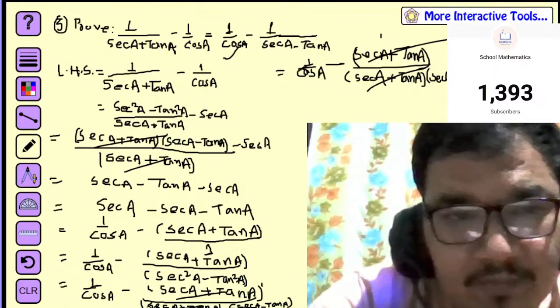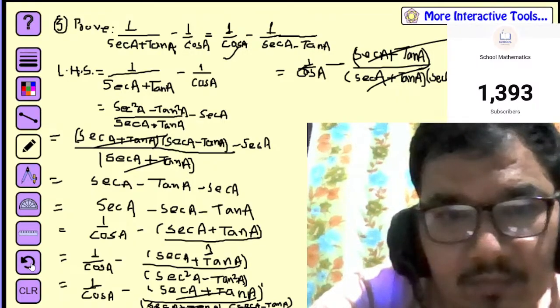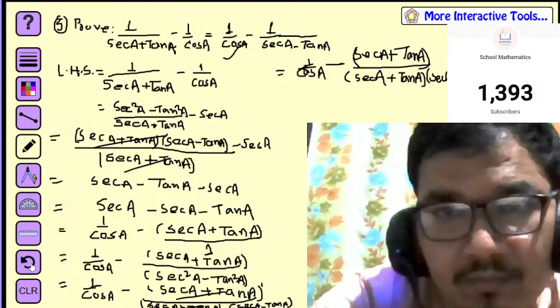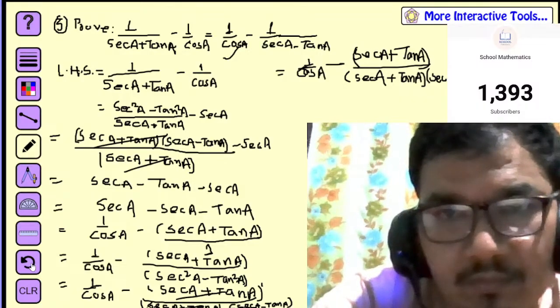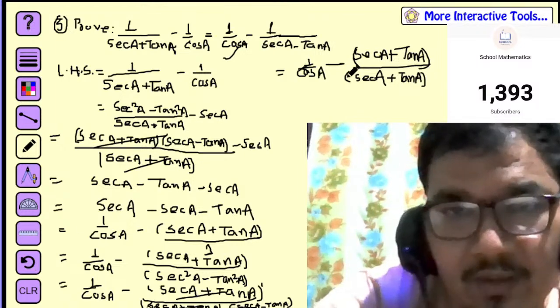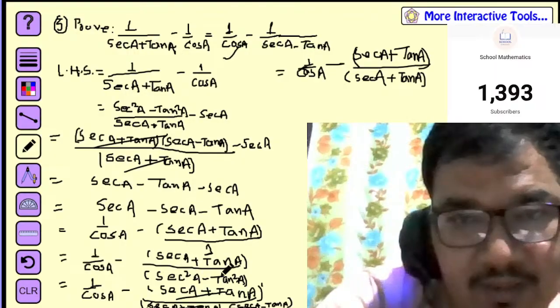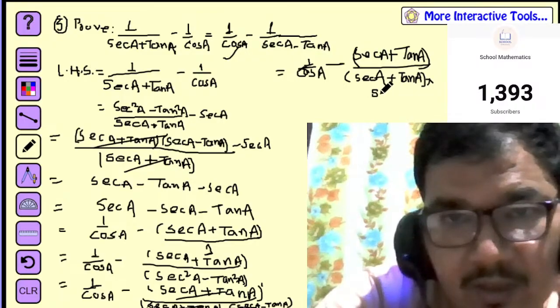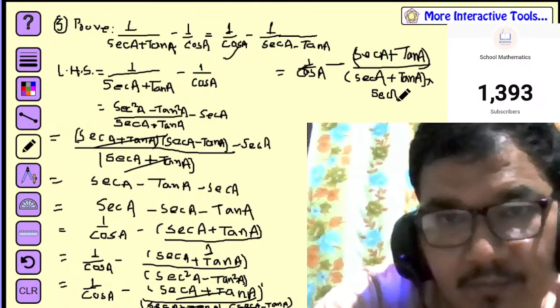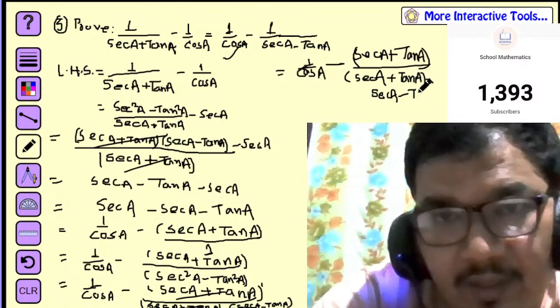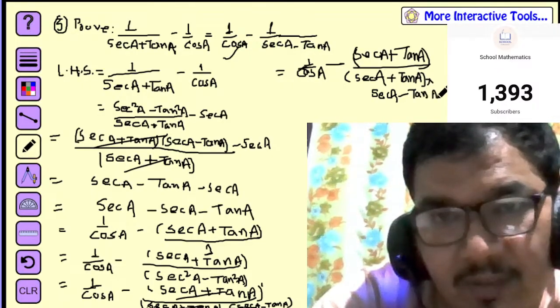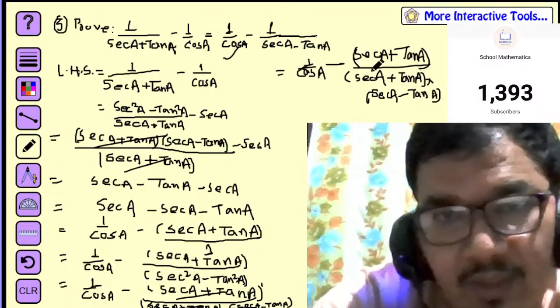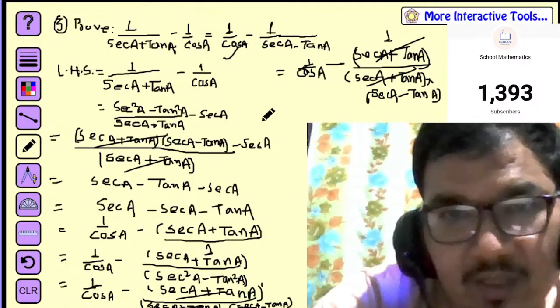Here, this down one, this sec square A minus tan square A formula is sec A plus tan A into, down there is another one, sec A minus tan A. Here is remaining another factor, sec A minus tan A, right? Look at this one and this one, cancel. Here is remaining 1, and that is our answer.